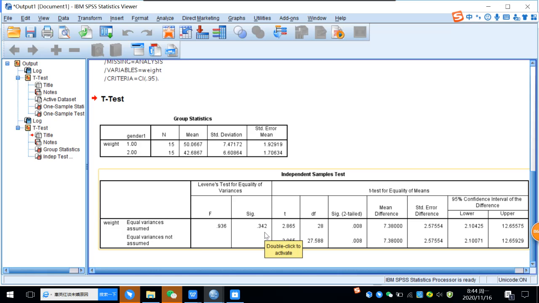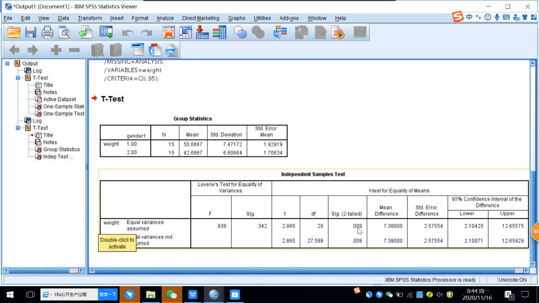And then the second is this part. Since the equality of variance is assumed, here equal variances assumed, we look at the top line of the results. You can see in the t-test for equality of means, the t-value is 2.865. The corresponding significance is 0.008, which is less than 0.01.